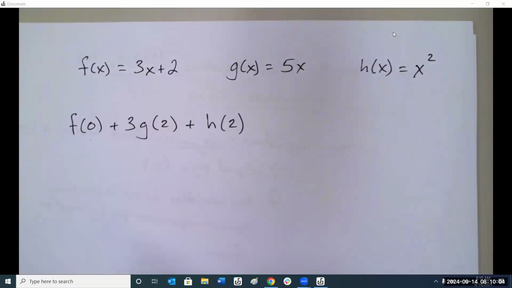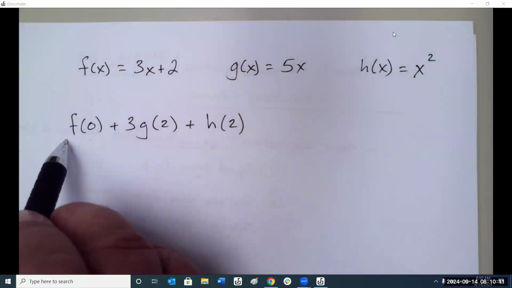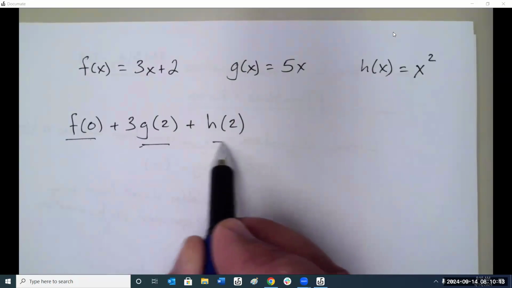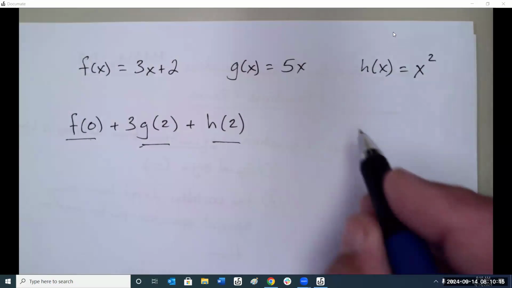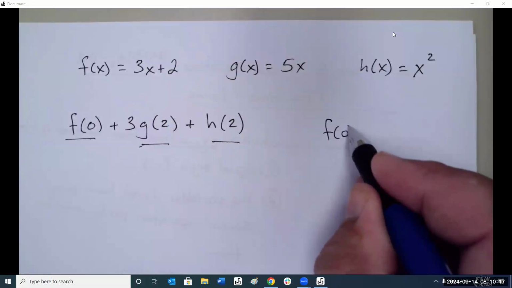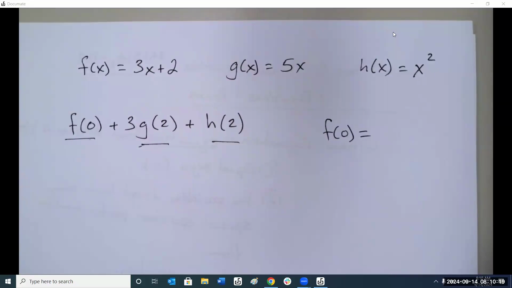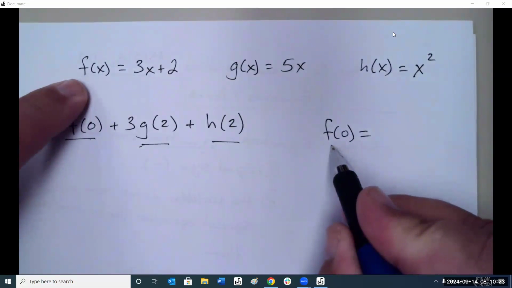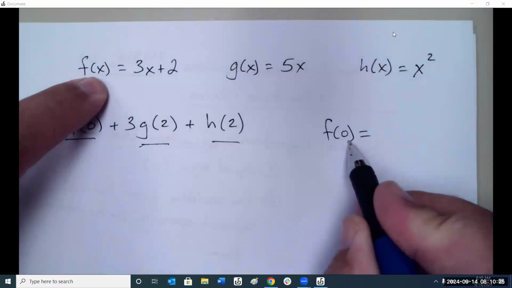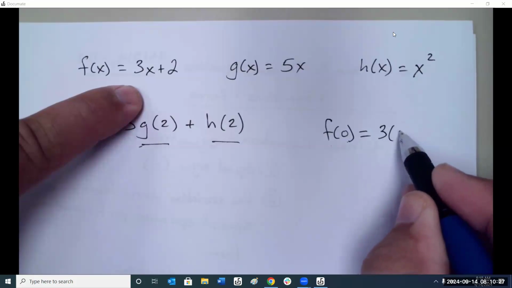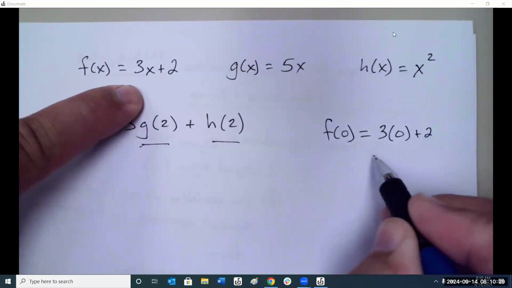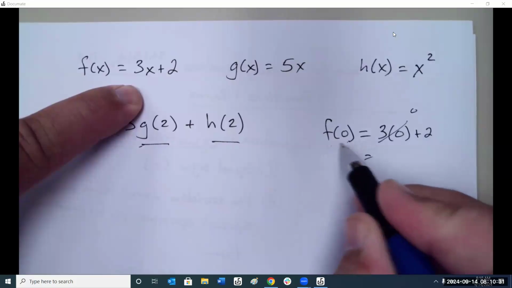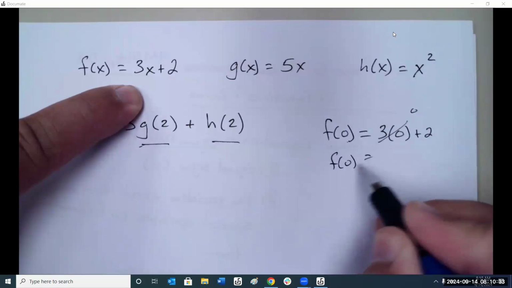And how would you solve this? Well, we have 3 terms. What does f of 0 represent? Well, there's a function name. In place of x, I put a 0, so I have 3 times 0 plus 2. That's 0. So f of 0 is 2.